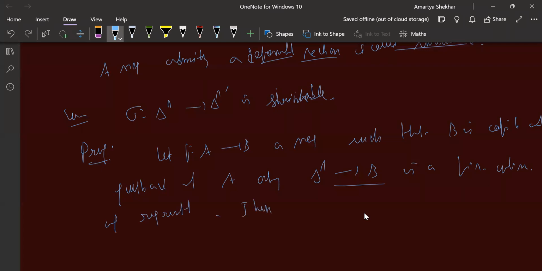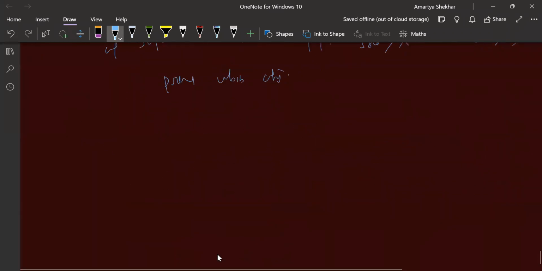Then this map is a functor that preserves cofibrant objects.